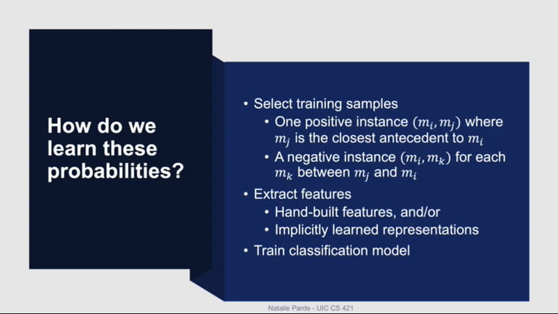So we have many more negative samples than positive samples. For each sample, we extract some array of features. These could be manually engineered features or implicitly learned representations like word embeddings, or even a combination. Then we train a classification model to distinguish between the positive and negative samples.